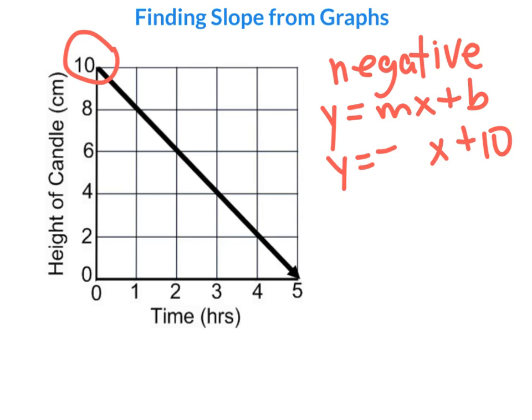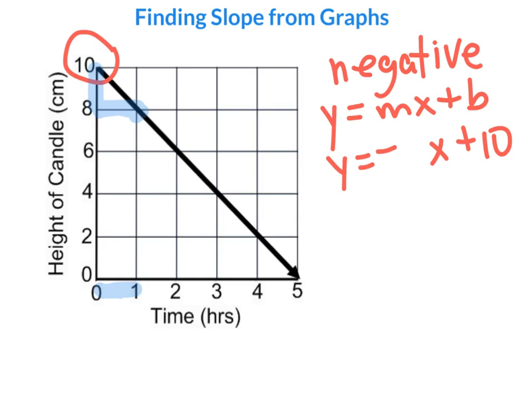So now I just have to find that slope. So let's take a look at what we have. I'm going to find 2 points that are nice and clear to see, and it works again to use my intercept, and I can use this point here. And I notice for my change, I'm going 2 on my scale for my y-axis, and at the same time I went over really just 1 for my hours.